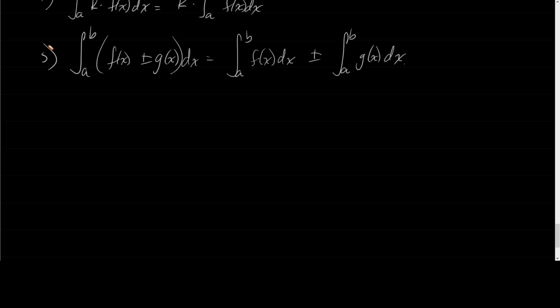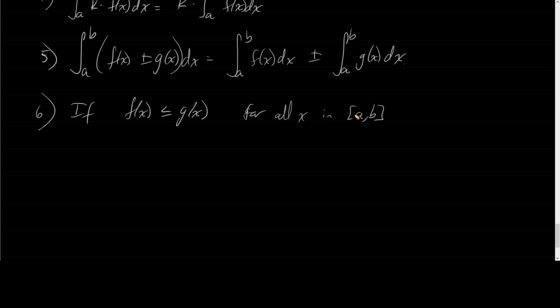What else? So that's 5, 6. If f of x is less than or equal to g of x for all x in a closed interval a b, right?